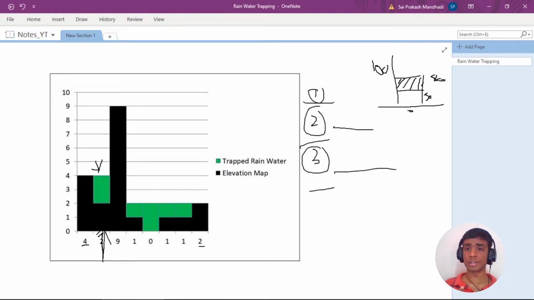The second point is the minimum of those elevations, because no matter how big one elevation is, the water is going to be stored only up to the minimum elevation, because after that it will simply overflow. And the third point is at what elevation you are actually located, because if you are located at some elevation, the water is not going to be trapped to that level, so you are limiting the capacity of the water to be trapped. If you can nail these 3 points, then this problem is a cakewalk.